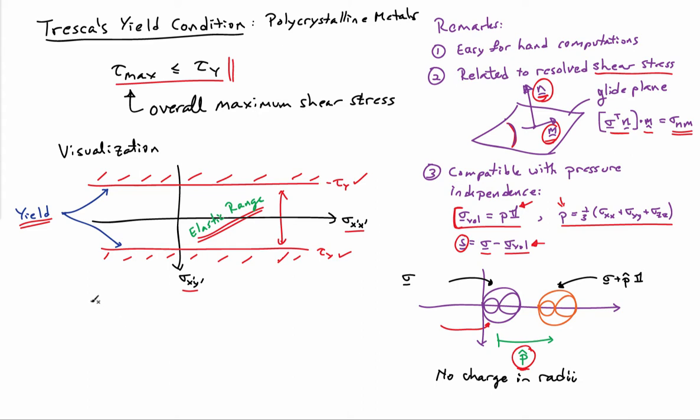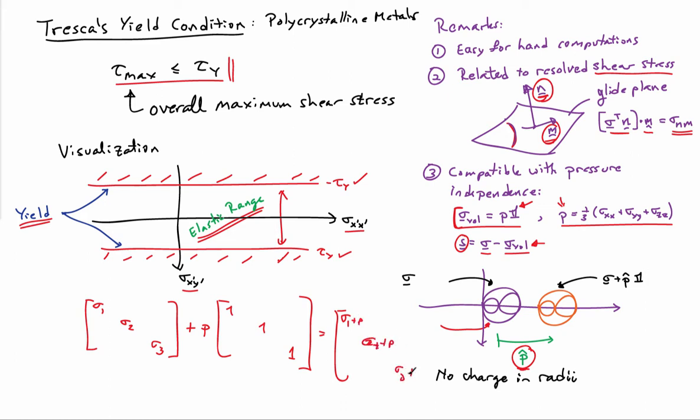So in particular, if you think about the stress in the principal coordinate system, it has a diagonal form, and so if I add onto it any pressure, or hydrostatic state of stress, all I'm going to do is change the intercepts here. So I'll get sigma 1 plus p, sigma 2 plus p, and sigma 3 plus p. So this is the state of stress that we're going to get if I add a hydrostatic state of stress to some given state of stress.